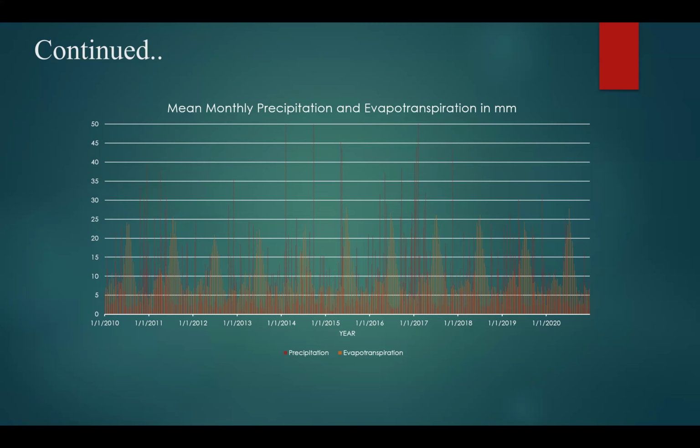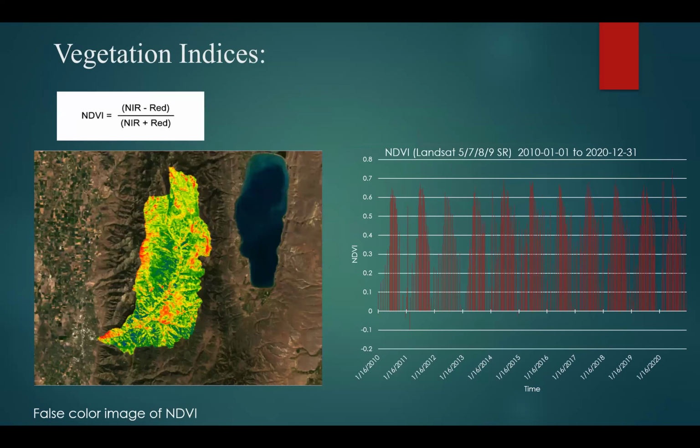Since precipitation is happening more than ET, there is less out than in, so more water is entering the watershed than going out in the long run.